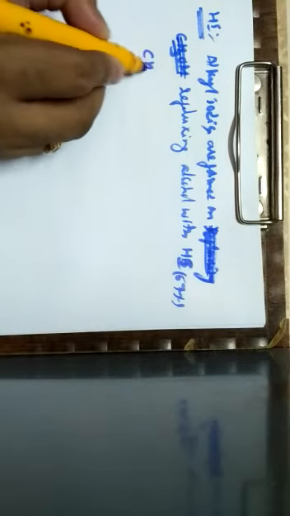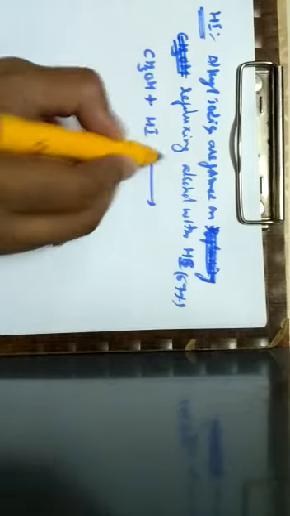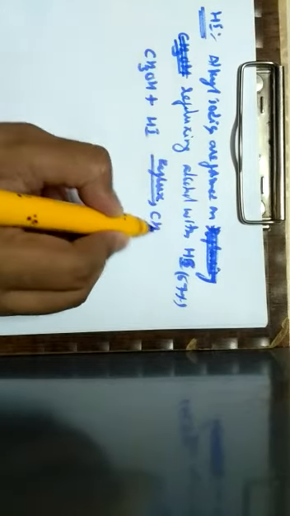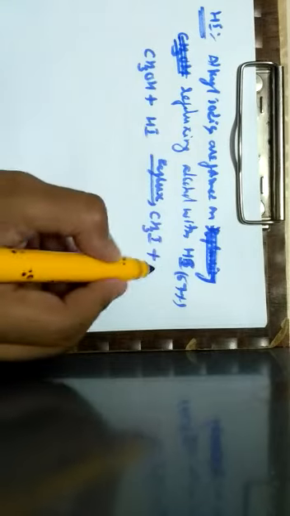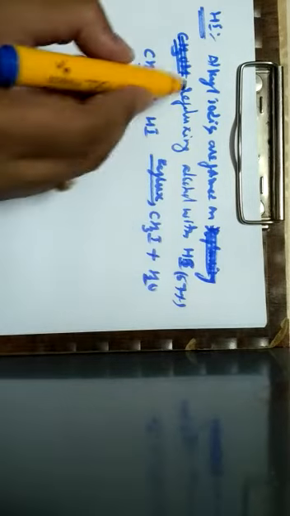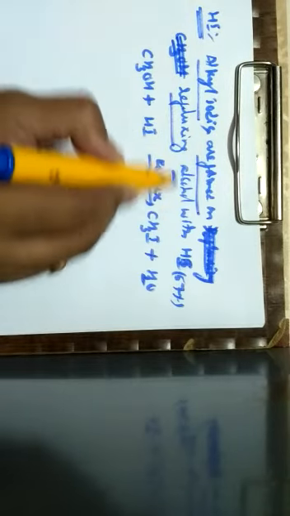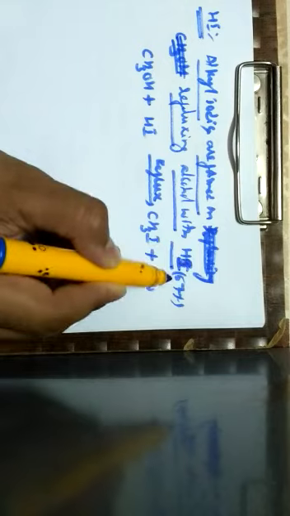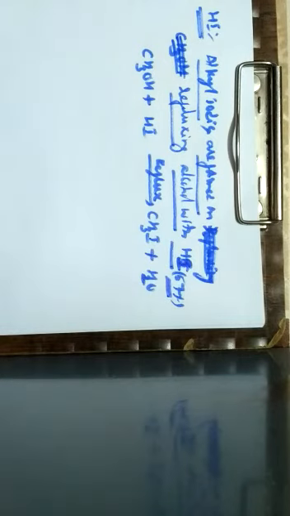That is, when CH3OH is made to react with HI, upon subjecting to refluxing, it gives rise to methyl iodide along with the formation of a water molecule. Due to that reason, we say alkyl iodides are readily formed on refluxing alcohol with hydrogen iodide, where the concentration of HI is 57%.